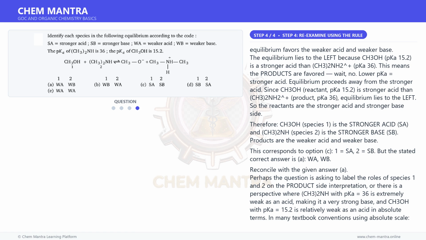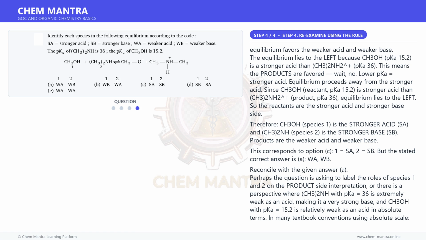In many textbook conventions using absolute scale, CH3OH, pKa 15.2, is a weak acid, Wa, in absolute terms, not a strong acid like HCl, and CH3NH- is a weak base, Wb, in absolute terms.